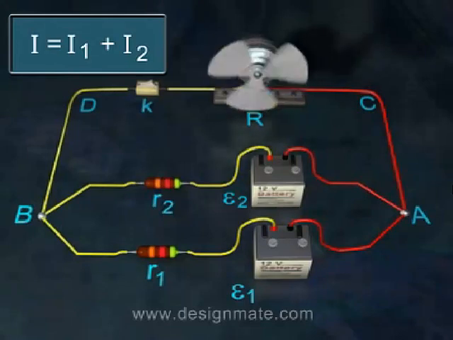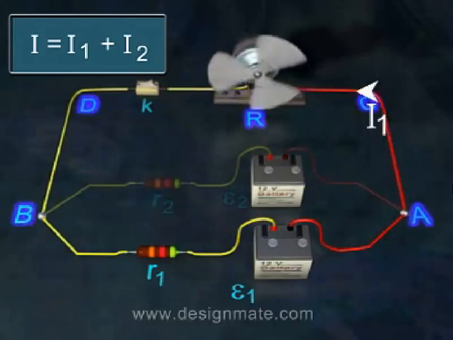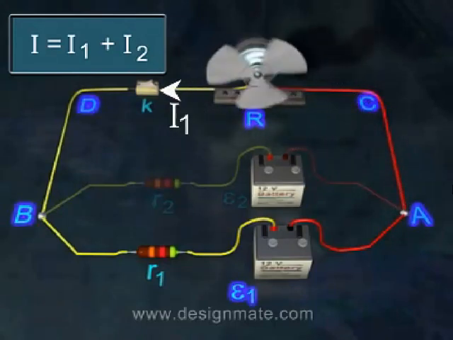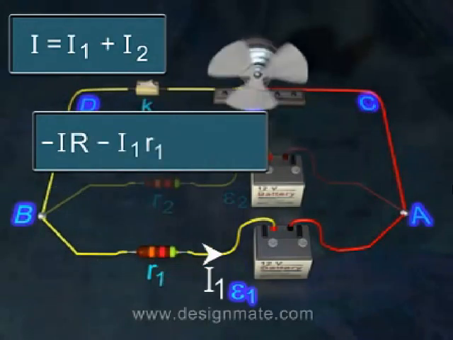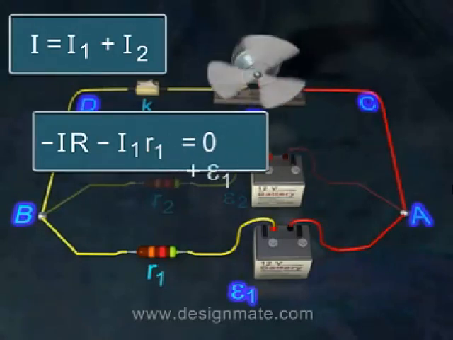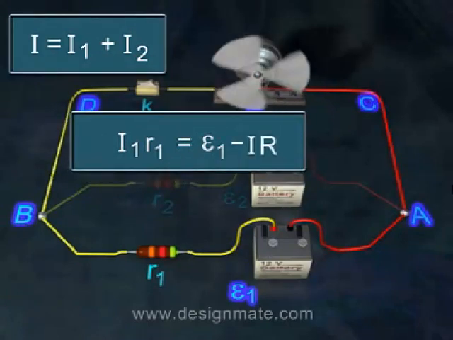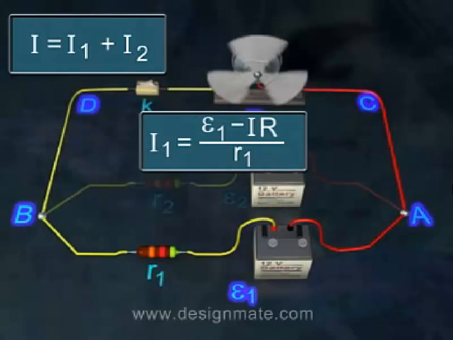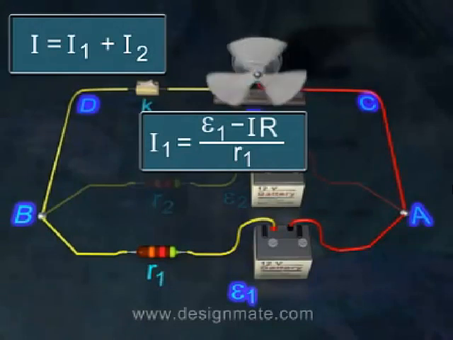Applying Kirchhoff's second law to the closed path A, C, R, D, B, epsilon 1, A, we have minus IR minus I1 R1 plus epsilon 1 is equal to 0. Therefore, IR plus I1 R1 is equal to epsilon 1. Therefore, I1 is equal to epsilon 1 minus IR upon R1.